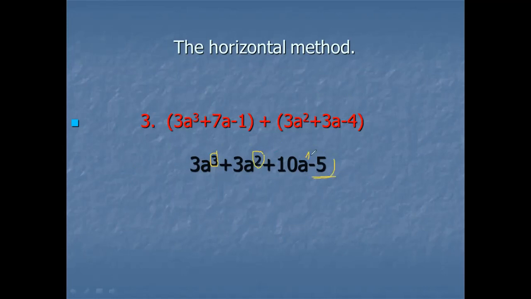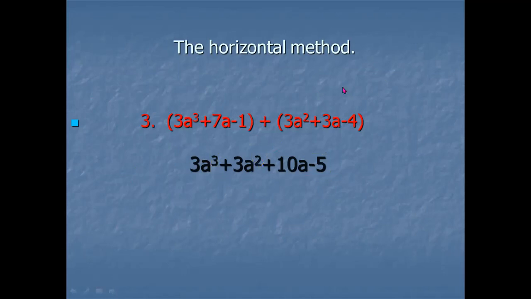The whole number or the constant should be last. So it should be written in descending order according to the degree. That is the answer.